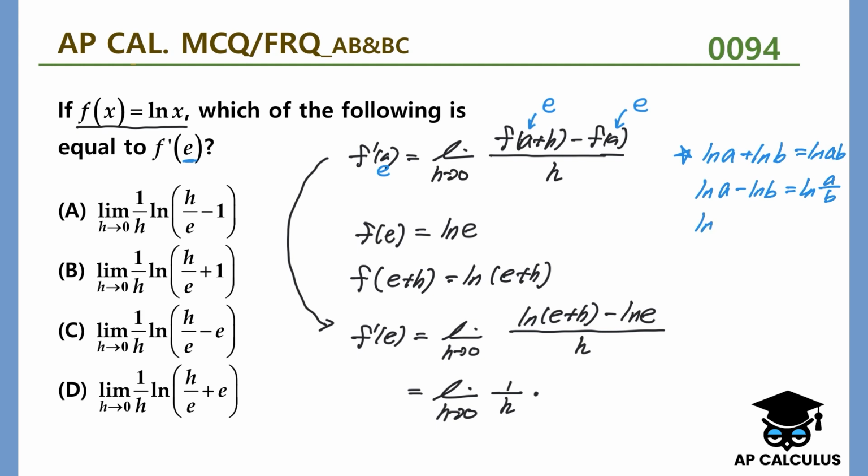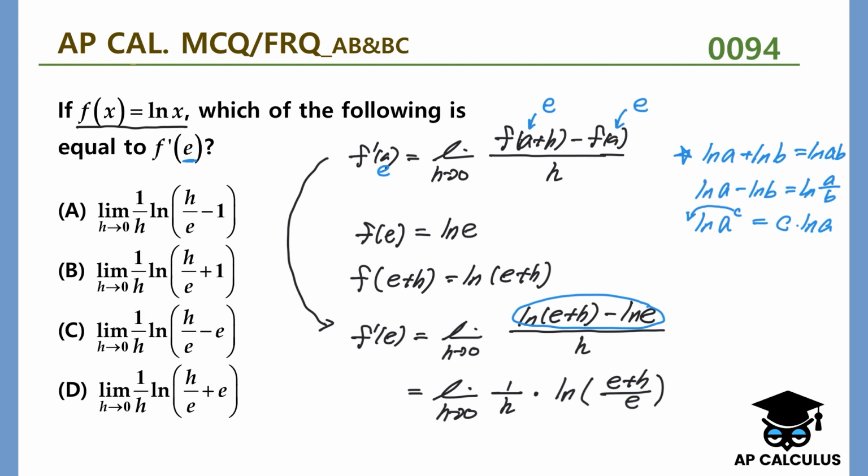Remember, natural log of a to the power of c is equal to c times natural log a, right? This c goes in front of the log. Using these properties, we're going to use the second property actually. This expression right here can be written as natural log of e plus h over e, right?